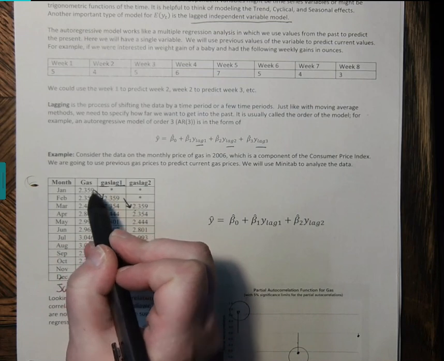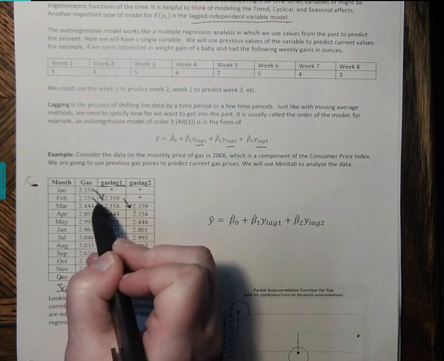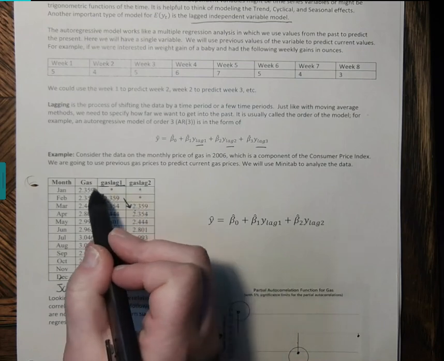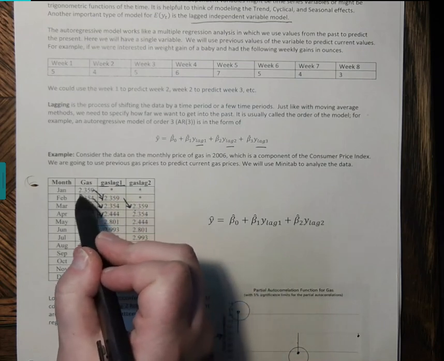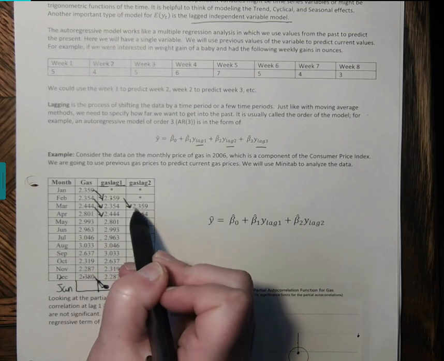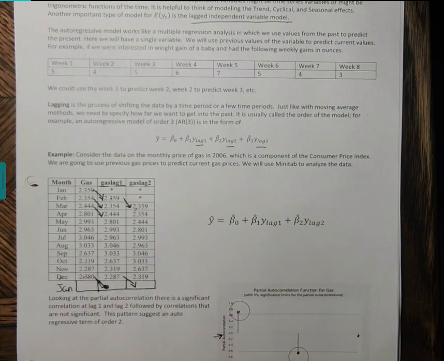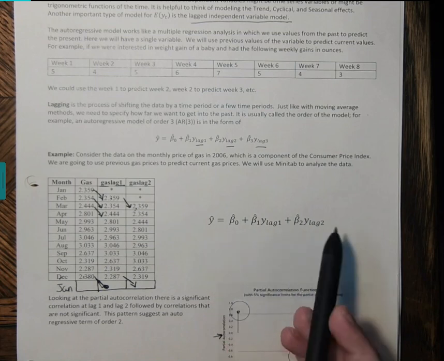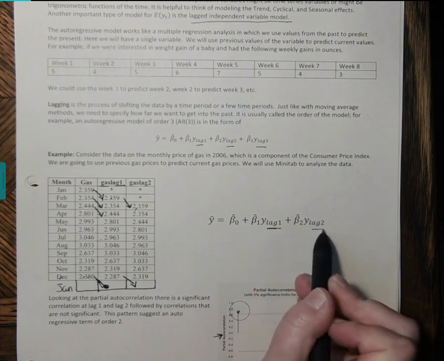So this time point gets shifted 1 space, this one 1 space, this one 1 space. A lag of 2 shifts 2 spaces. So notice the 2.359 gets shifted to here and then to here. These shifted values end up being our new variable that we are going to use. So this particular model is going to look at a lag of 1 and a lag of 2.